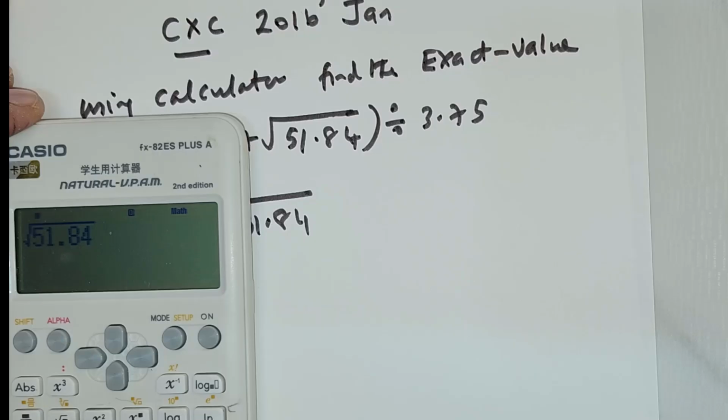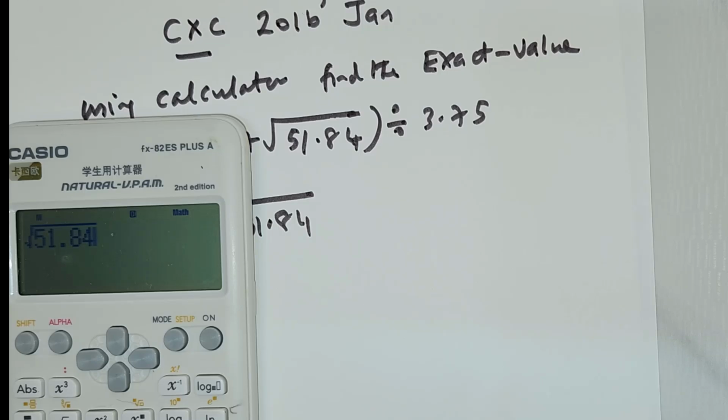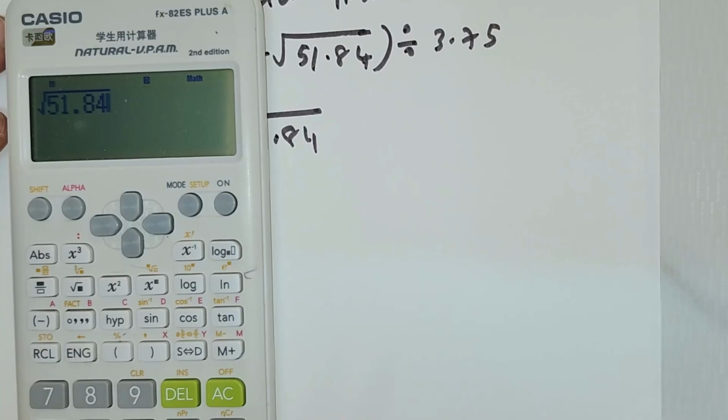Depending on what calculator you use, the operation might vary. In some calculators you have to key in the number first and then press the operator, whereas in this calculator the operator has to be keyed in first and then the number has to be pressed.